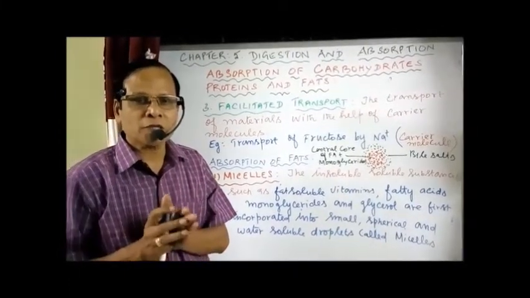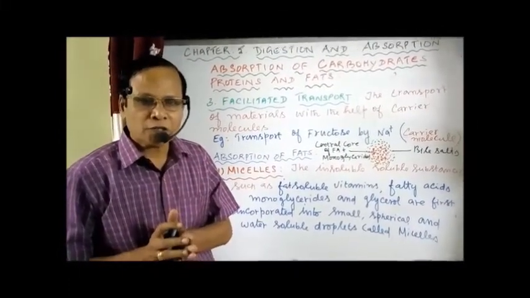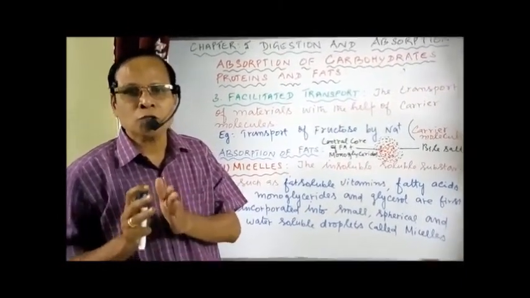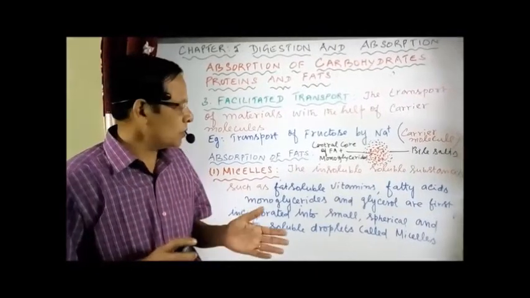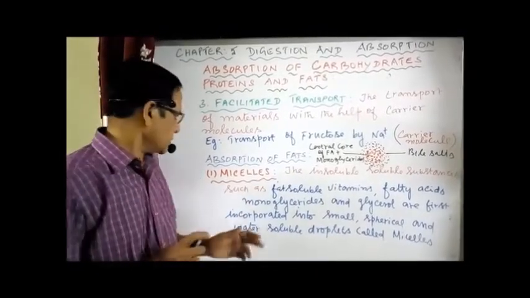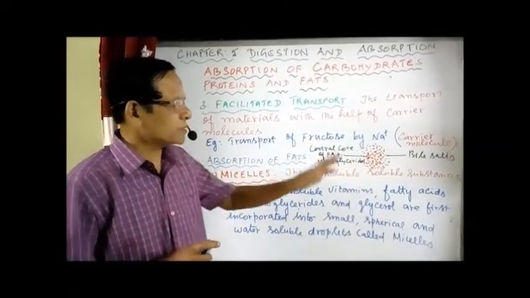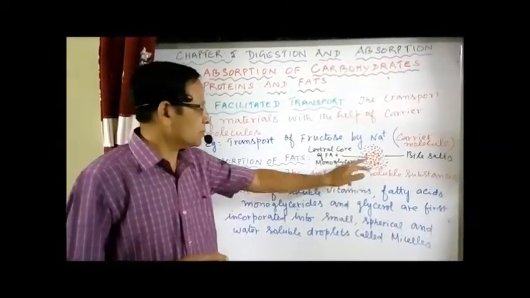All of these, before absorption, are incorporated into small spherical water-soluble droplets. These small spherical water-soluble droplets are called micelles. See, many micelles are formed. Now this is the micelle.